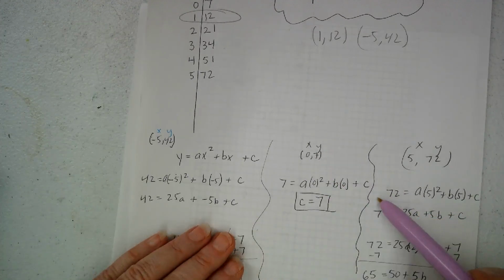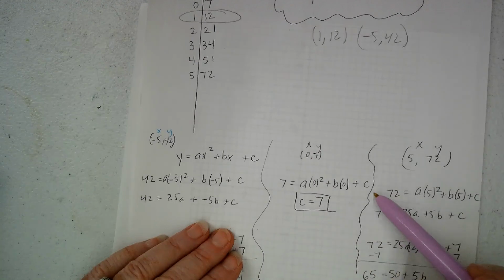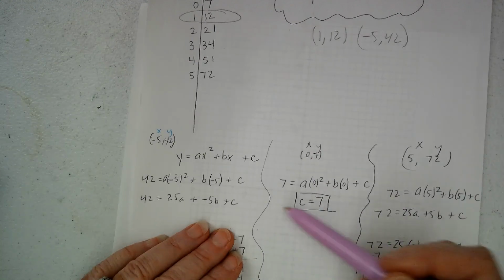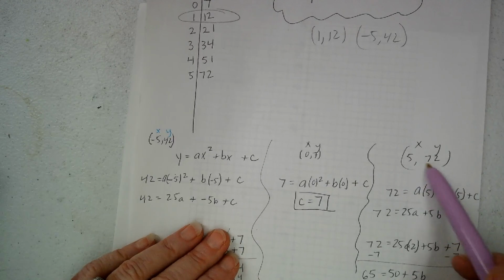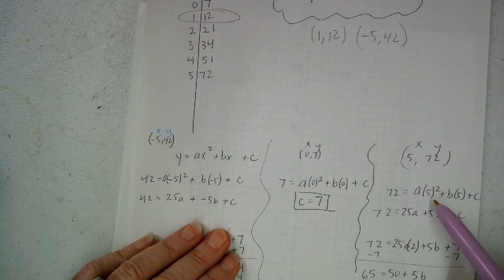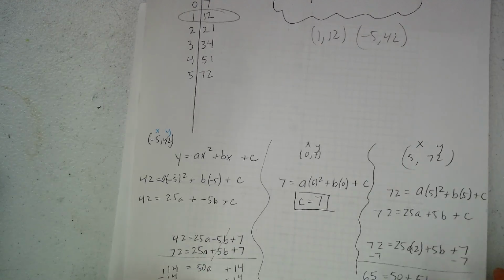This one boiled down nicely because when I plugged in zeros for x's, I ended up finding out that c is 7, which I can plug in here and over here. I used this ordered pair and plugged in the 5, and I ended up with 72 equals 25a plus 5b, and I put the 7 on there because I knew that c was equal to 7.